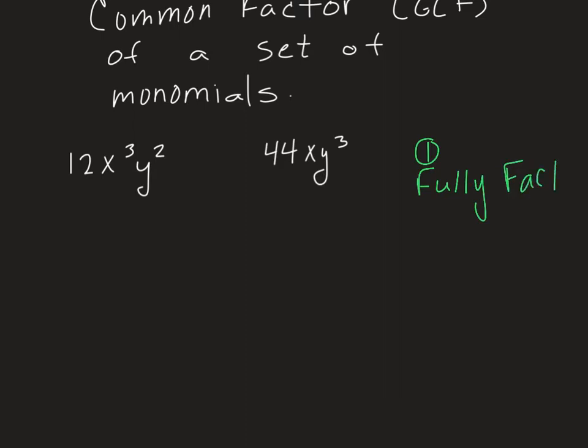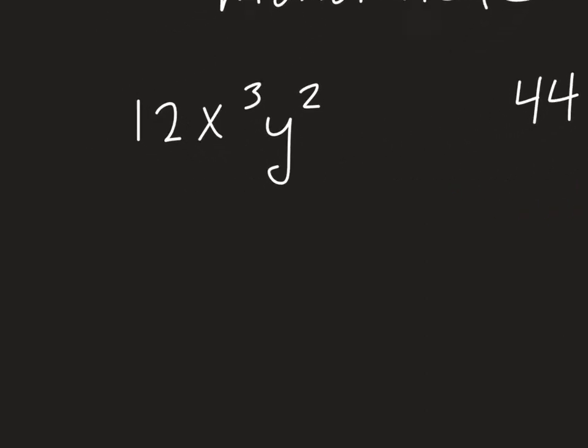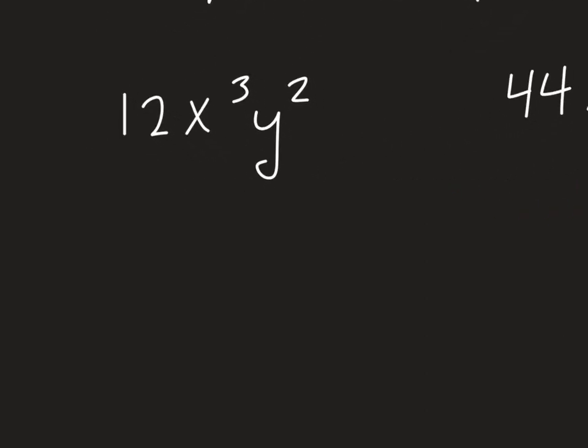So we're going to pull apart these two monomials into the little pieces that we had to multiply to get them. For example, you could get 12, I'll look at that part first, by doing 2 times 6, because 2 is a prime number. That means I have factored 2 as much as I possibly can.